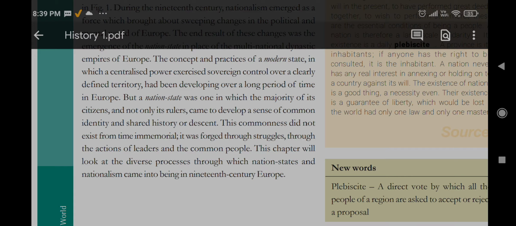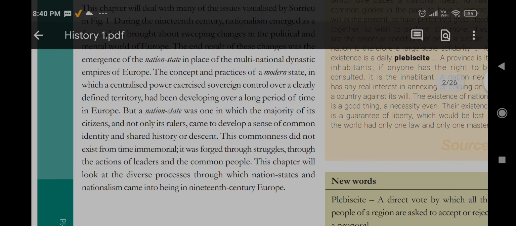For example, the ruler is Russian and the people over there are French. So they didn't have a shared history. Also, they didn't have a defined territory, because the next day the ruler went to war again and included one more place. So no defined territory, no defined population. Thus the nation state was important.